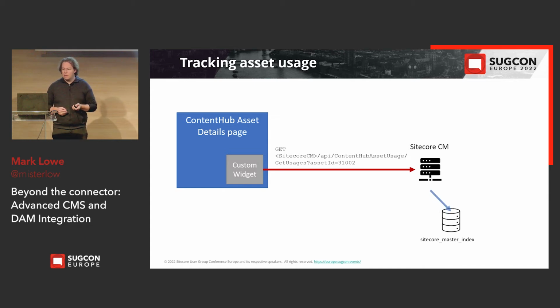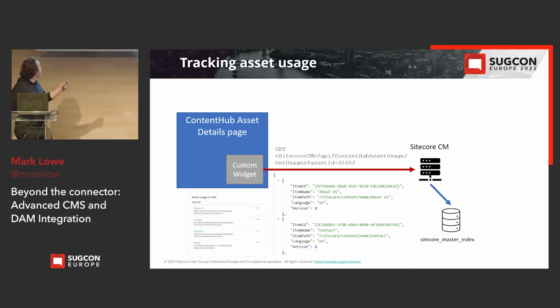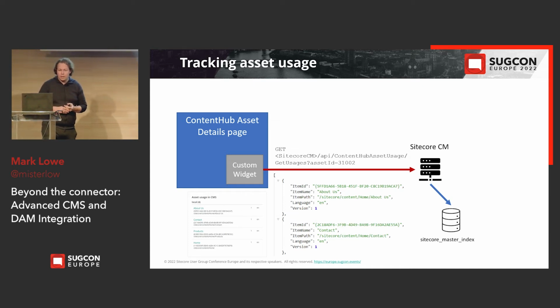So it queries the Sitecore master index with the code snippet I showed before and returns all versions or all items that are referencing this asset ID. Then in the end, it's a bit small, we can display this nice little widget for the content authors.